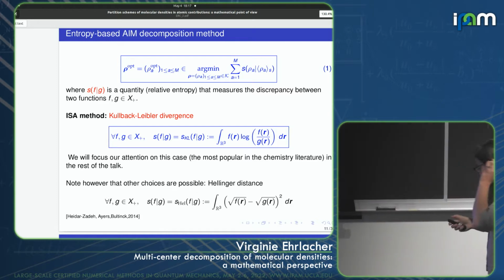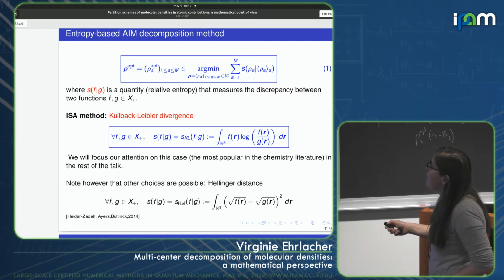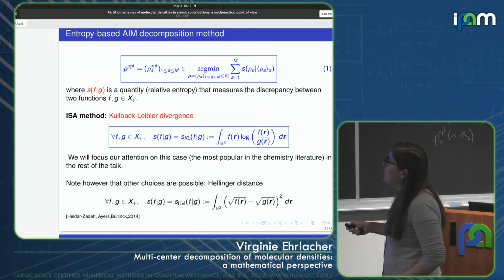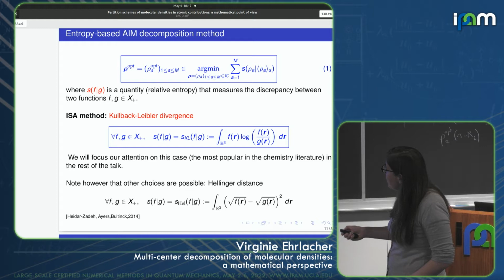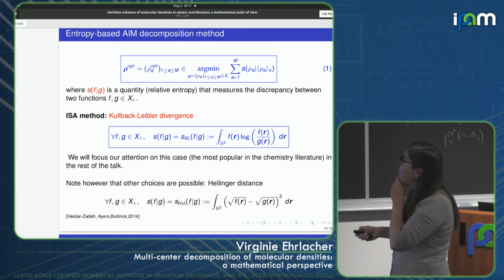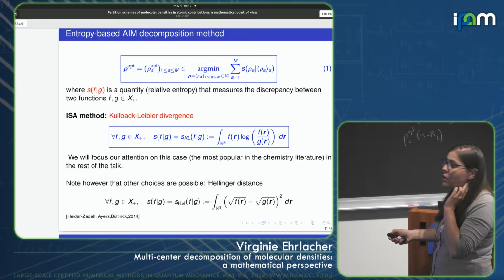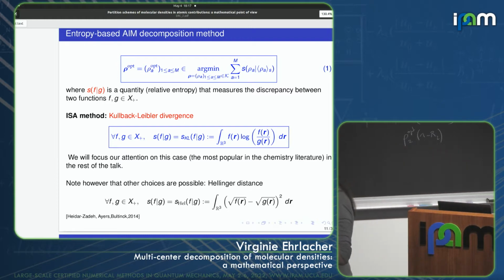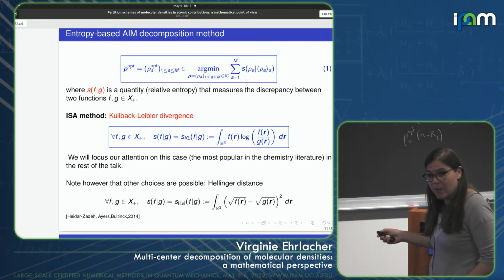And in the ISA method, the particular choice of entropy functional is the so-called Kullback-Leibler divergence, which is defined as follows. For all functions f and g, S of f with respect to g will be equal to the integral of f of r times the log of f of r divided by g of r. It's a functional which is very much used in information theory, and it has very nice mathematical properties I'm going to talk about.